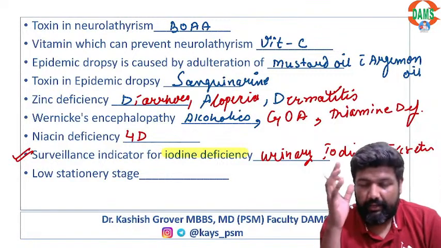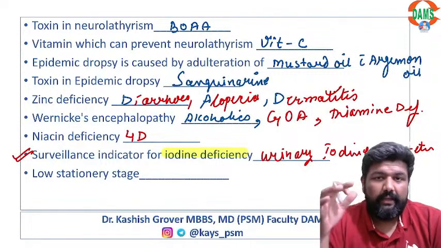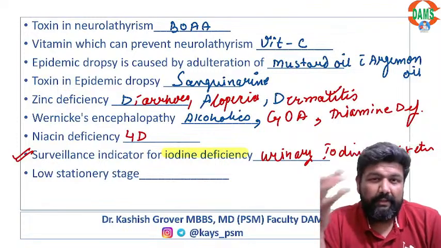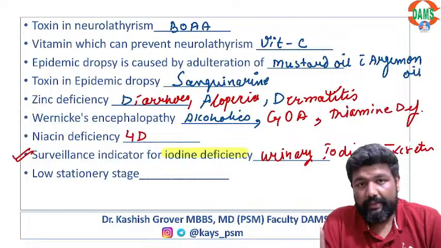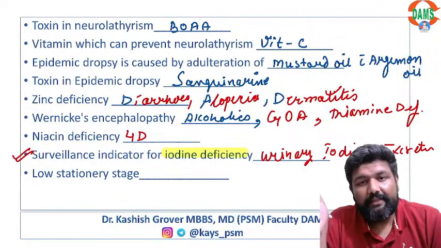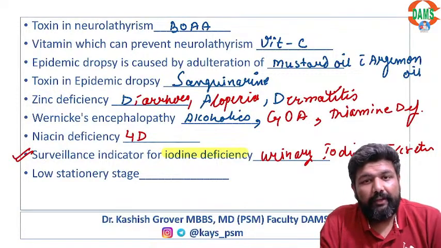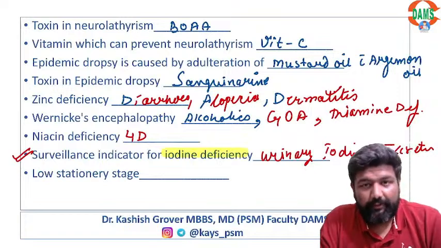I know many of you must have crammed this, but why? See, we are doing surveillance to check whether people are consuming iodine-related products like iodized salt or not. The best way to check this in the community is to check their urine, whether there is iodine content in the urine.